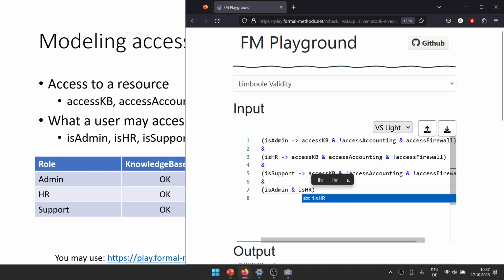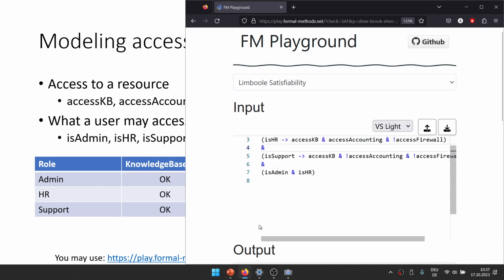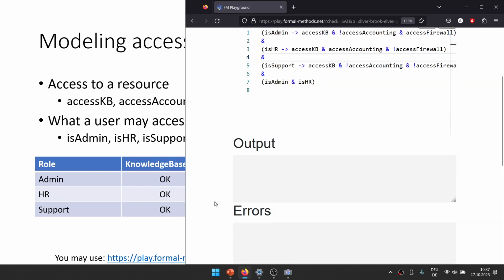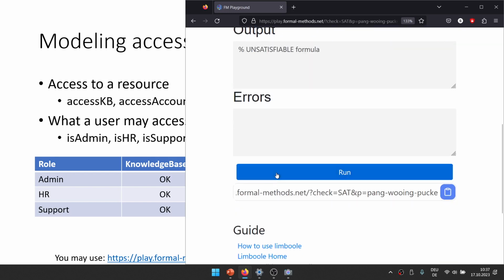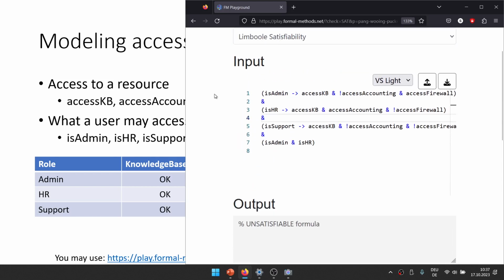HR maybe also needs admins. Not possible. Why not? The access level is different, yeah, but what if I want to have some kind of super user that has everything, all the roles?